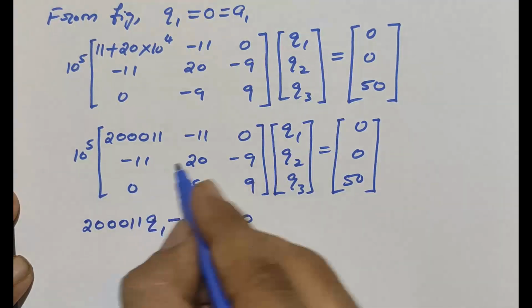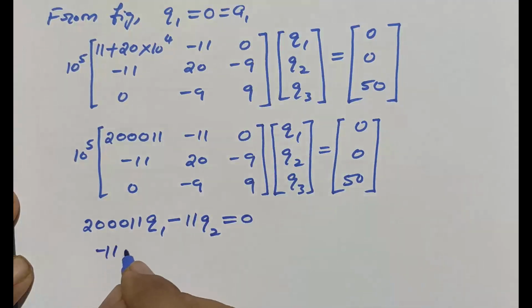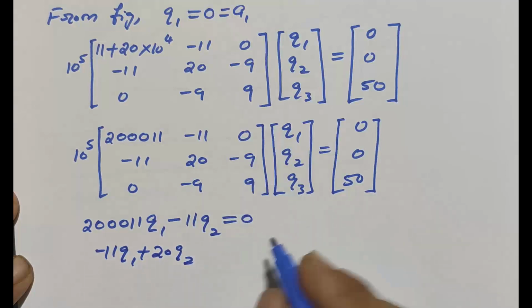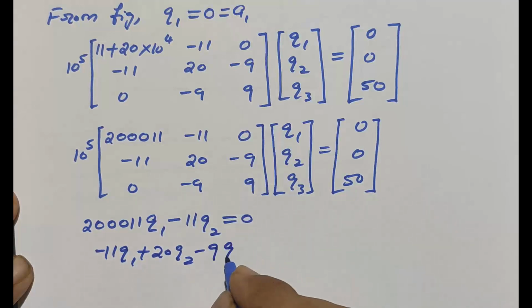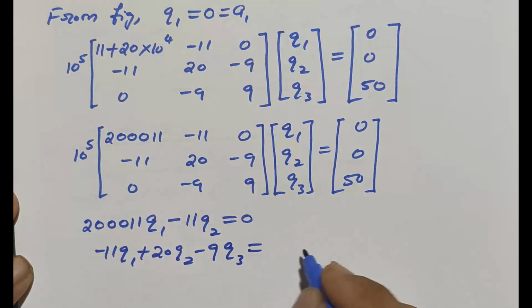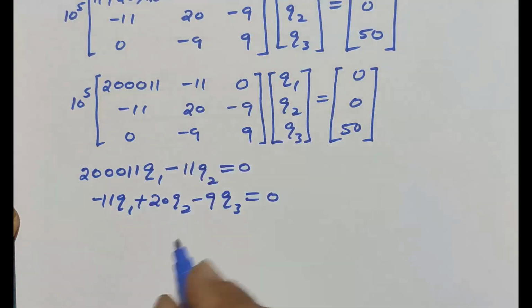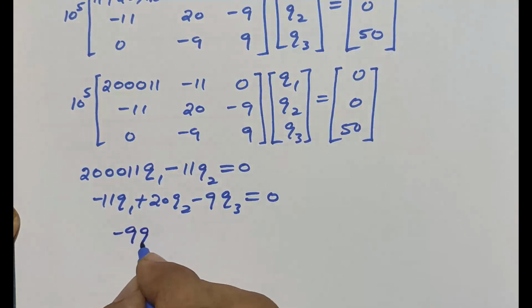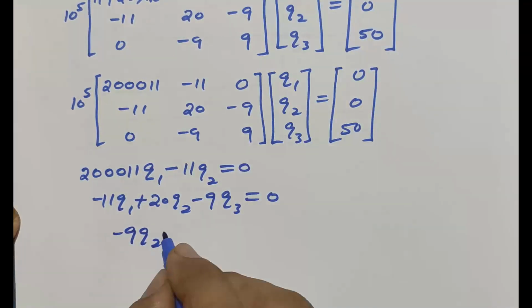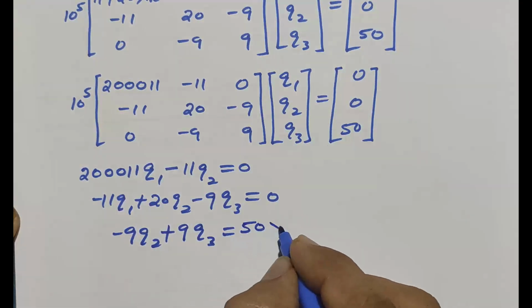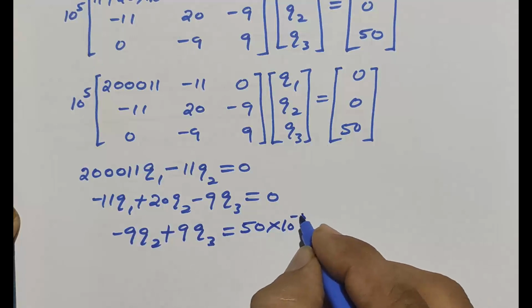Next, minus 11 into Q1 plus 20 into Q2 minus 9 into Q3 is equal to 0. Next, minus 9 into Q2 plus 9 into Q3 is equal to 50 into 10 power minus 5.